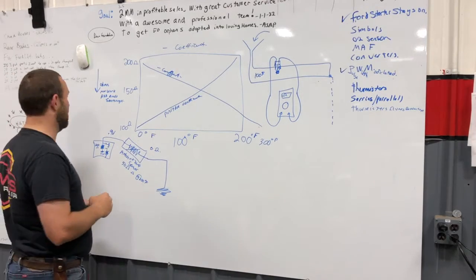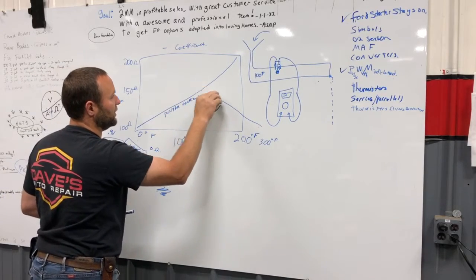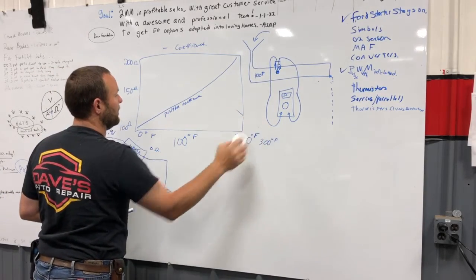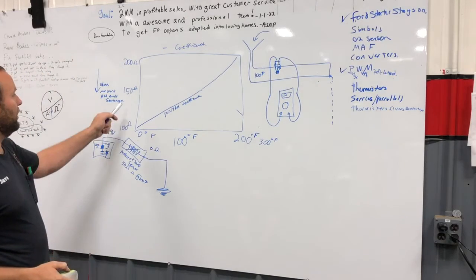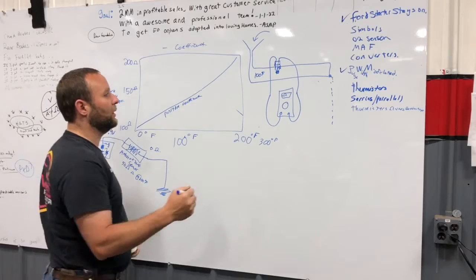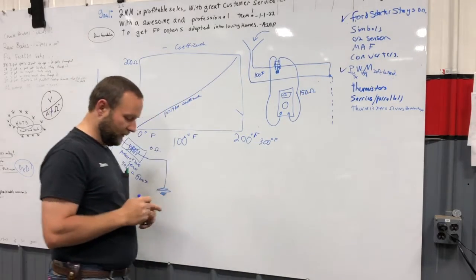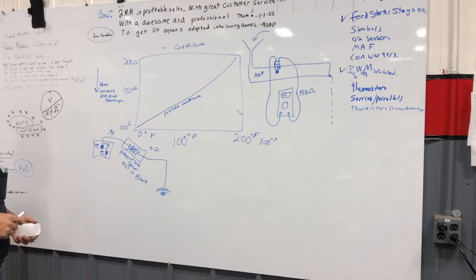Is it positive or negative? Let's say positive coefficient. Most stuff I think is positive coefficient. So it would be 150 ohms. If you got 150 ohms at that point, that sensor's good. What if you got 200 ohms?